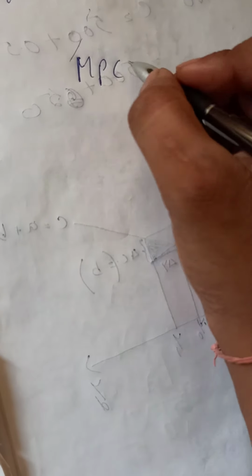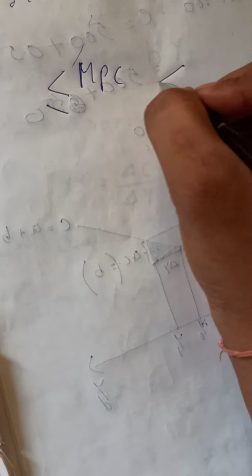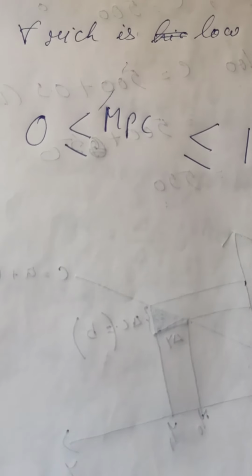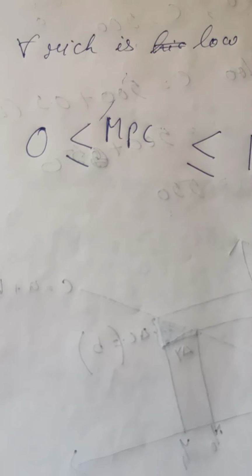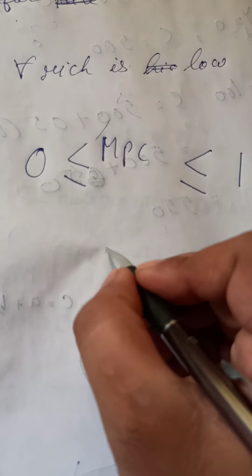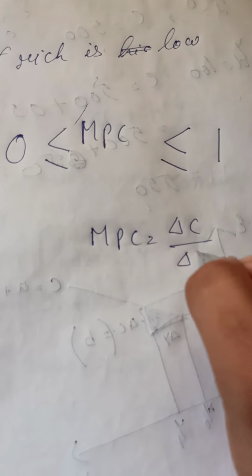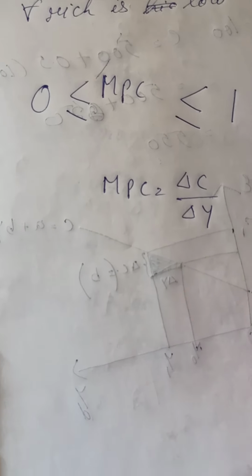MPC lies between 1 and 0. It can be either 0 or 1, or it can be between these two terms. The minimum limit is 0, the maximum limit is 1. Now I have said that MPC equals del C by del Y. So when will this MPC's value be equal to 0?